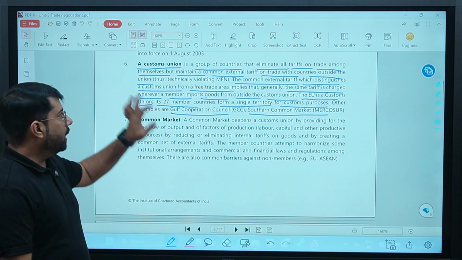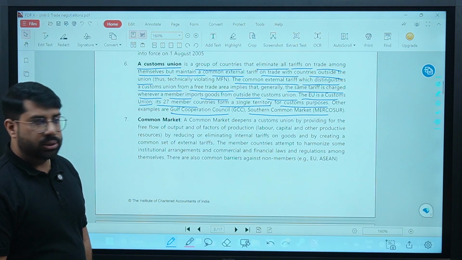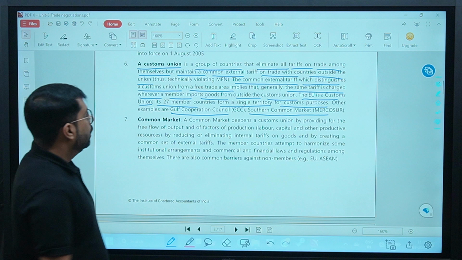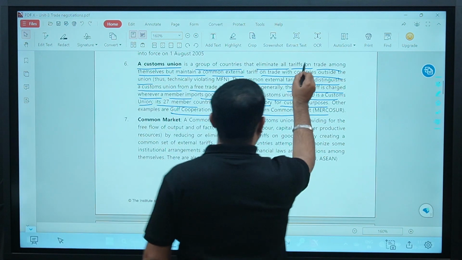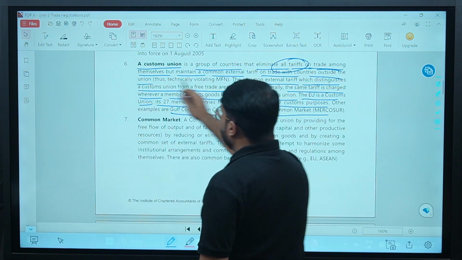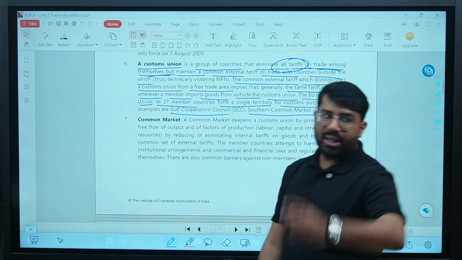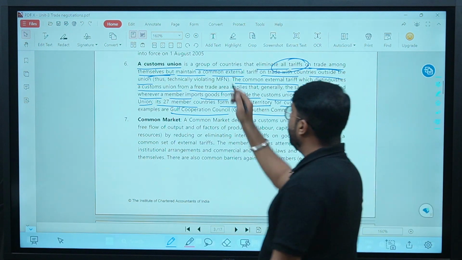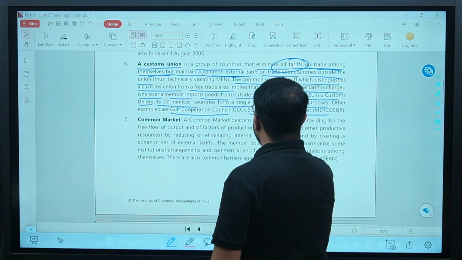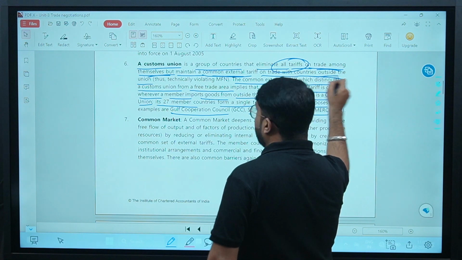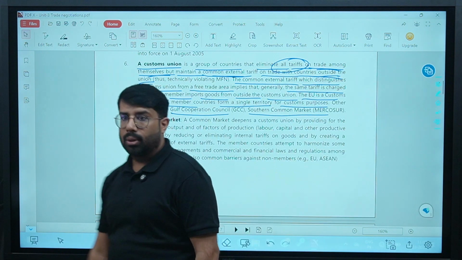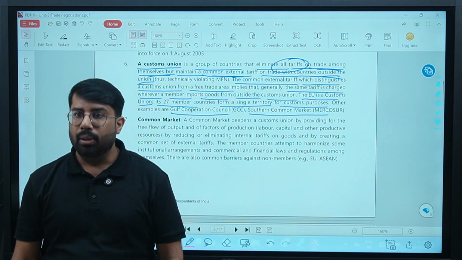Okay, now try and understand this thing. Customs union says again what they will do, they will eliminate all tariffs on trade among themselves. But when they trade with the non-members, they will maintain a common external tariff on trade with the countries outside the union. Are we clear? Yes or no?